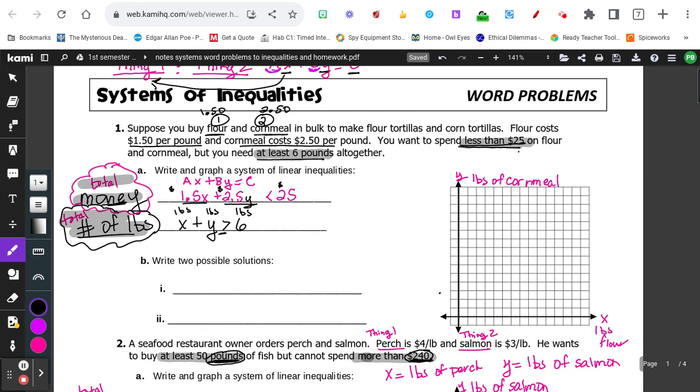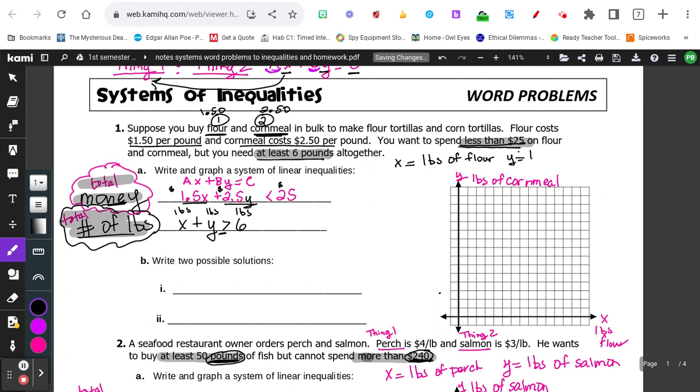Okay. So now if you'll notice, I had defined my variables. Thing 1 was flour, but it's talking about pounds of flour, so I put pounds of flour. Thing 2 was cornmeal, okay?